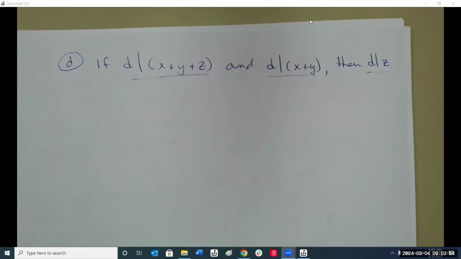Which theorem will we look at? The corollary, yeah, the multiple one.